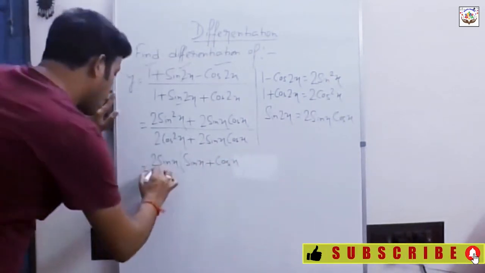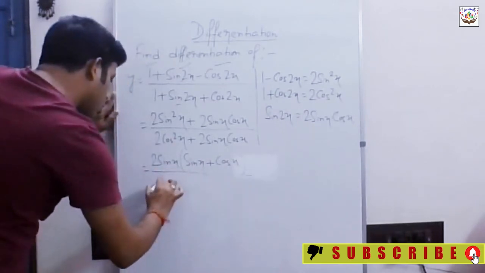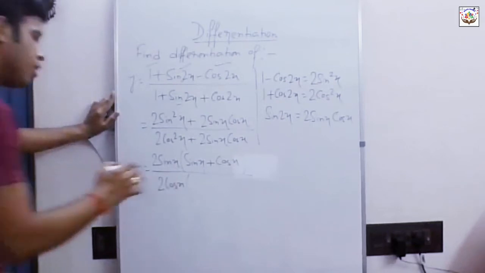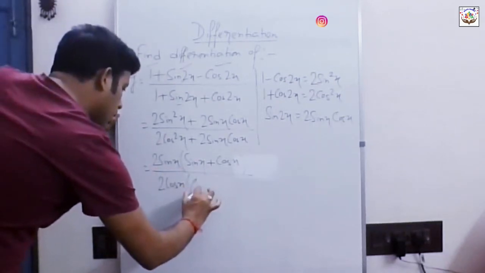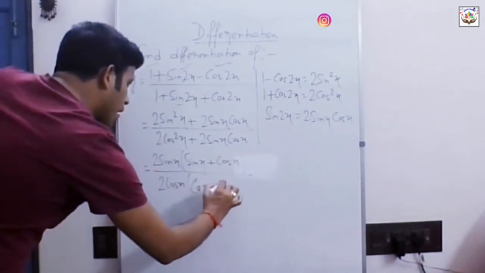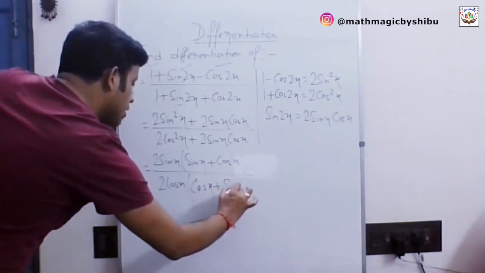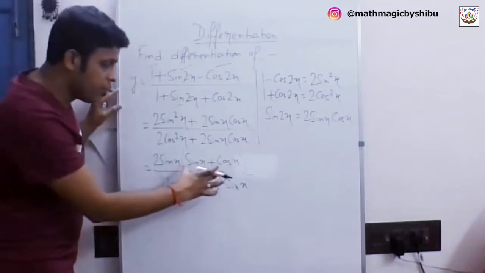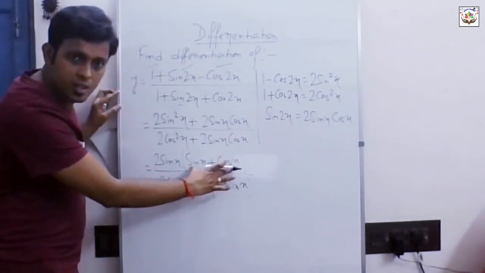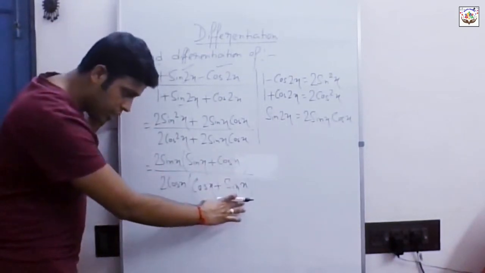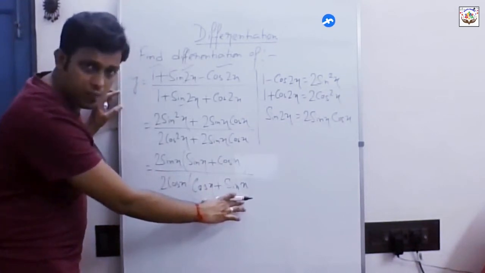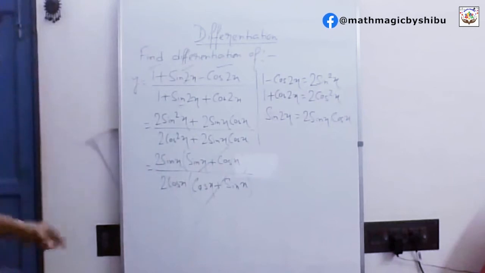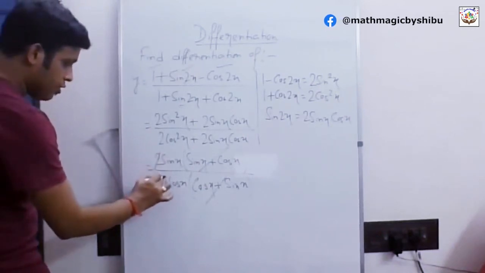And if we take 2 cos x as common from the denominator, we are left with cos x plus sin x. As you can see, in the numerator there is a sin x plus cos x term, and in the denominator there is also a sin x plus cos x term. So we can easily cancel out these two terms. So what is remaining, and we can also cancel out this 2 too.